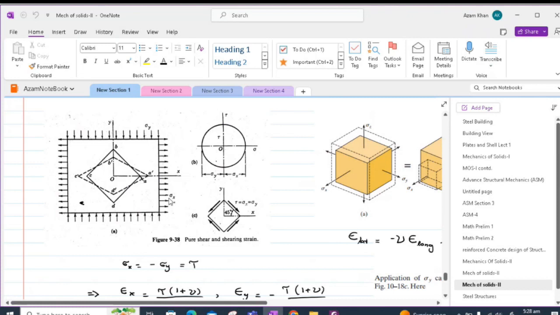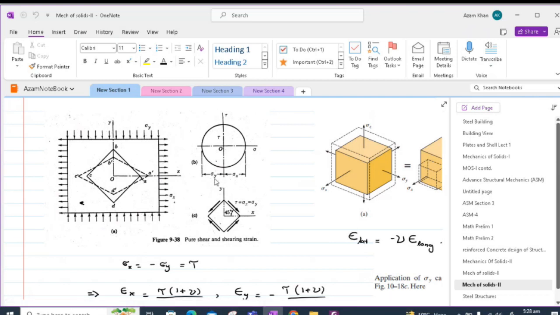Both the stresses, i.e., sigma x and sigma y, are equal in magnitude. Using this stress state, we can draw a Mohr circle whose radius would be equal to either sigma x or sigma y.